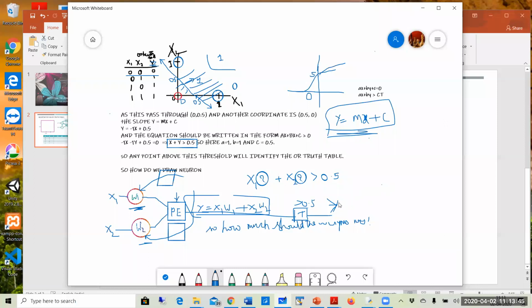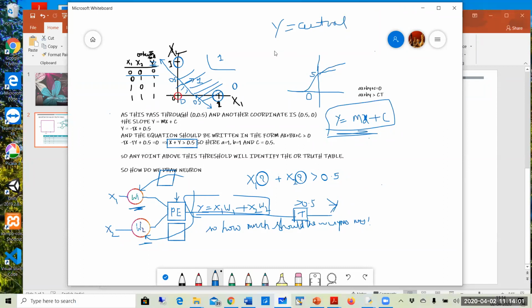Y is your actual output, and z is your desired output.